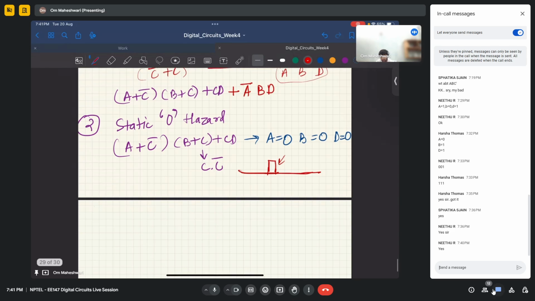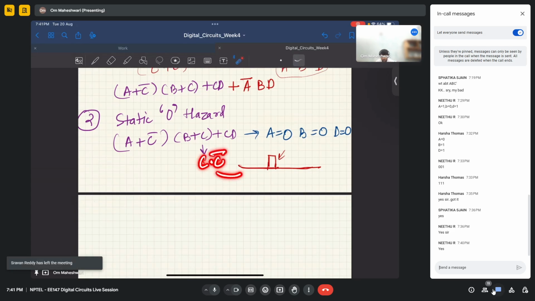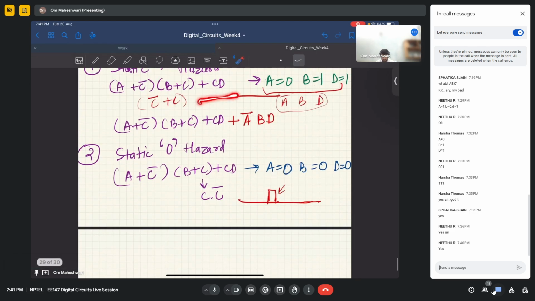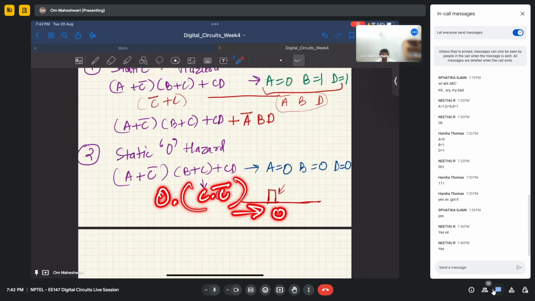So we need some combinational form of this to ensure whenever this condition comes, it still remains 0. It is exactly opposite of this condition. Whenever C plus C bar comes, we need to add 1 in some way that it remains 1. Now if C plus C bar is 0, we need to multiply it with 0, right? To ensure it remains 0.